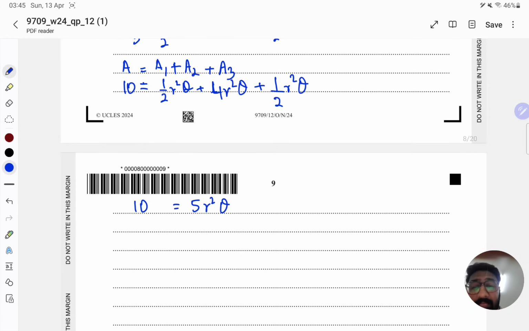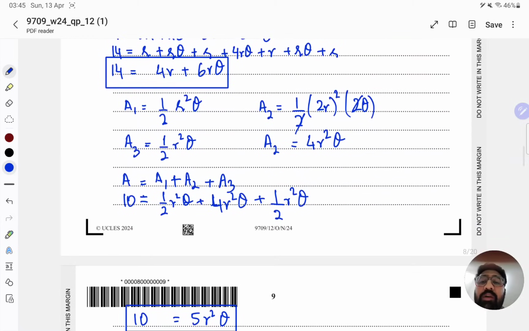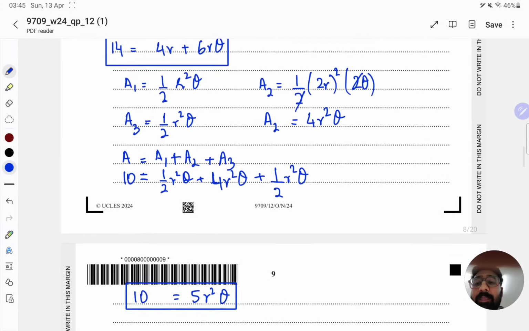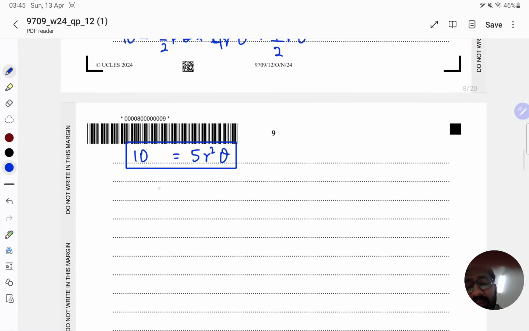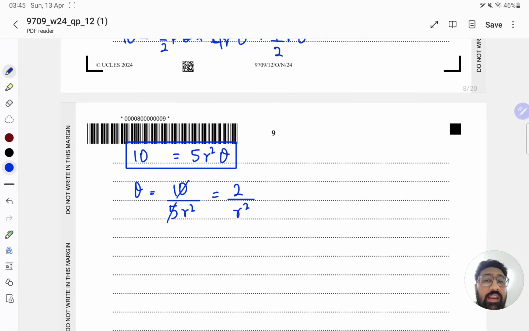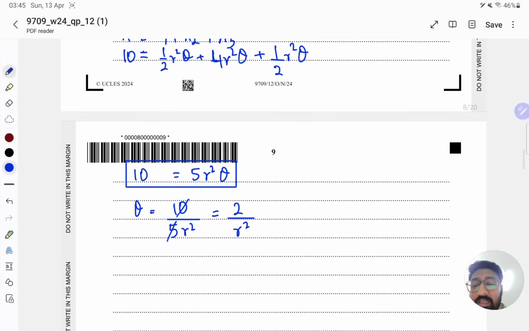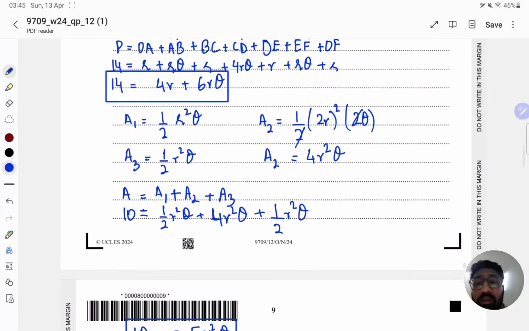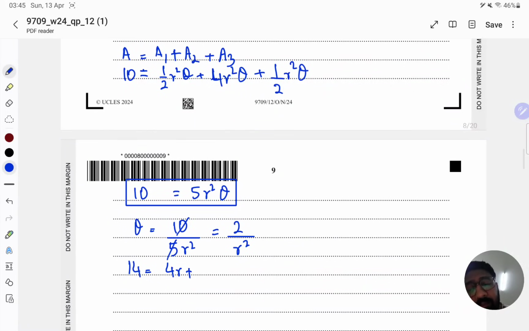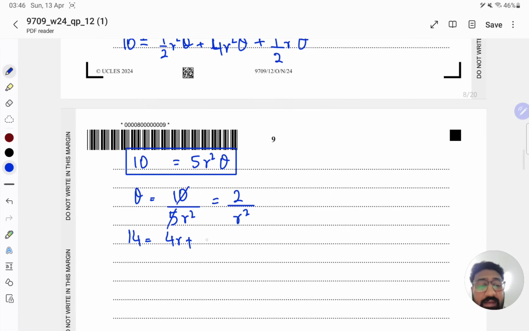So we have another expression with us. If we solve both the expressions simultaneously, we will be able to find the value of r and theta. It's easy to make theta the subject in this case, which makes it 10 divided by 5r square. So theta will be 2 divided by r square. We can substitute this value of theta in the above equation, which is 14 equals 4r plus 6r theta.